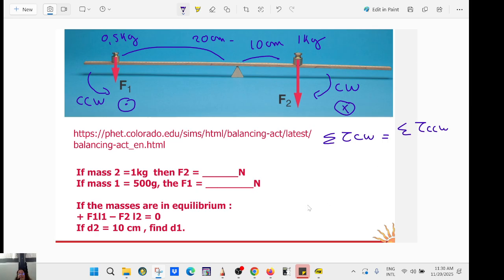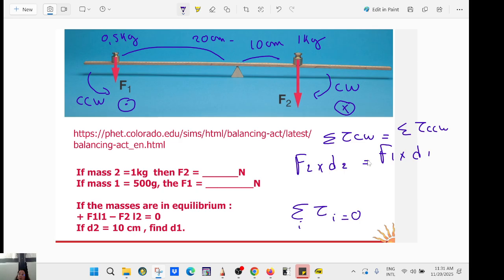Either you have the negative and you just say the sum of all the torques equals 0, or you don't put the negative and you do it this way. So I'm going to say F2 times D2 equals F1 times D1. And this is static equilibrium.